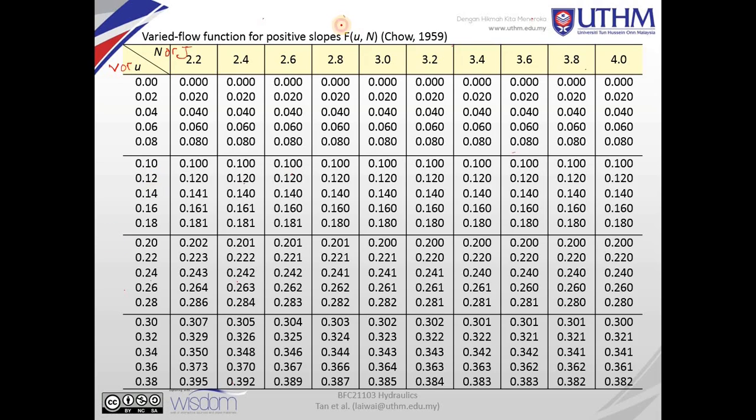So the function here that we are interested to find has 0.25 for u and 2.5 for n. So 0.25 is located in between 0.242 and also 0.263.